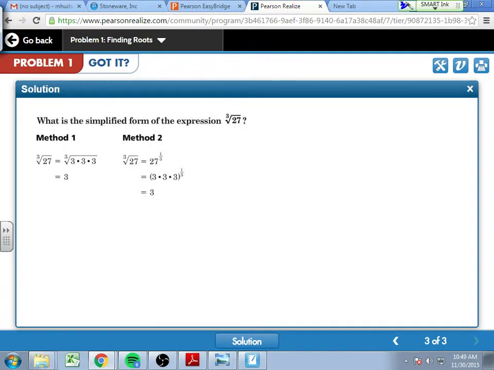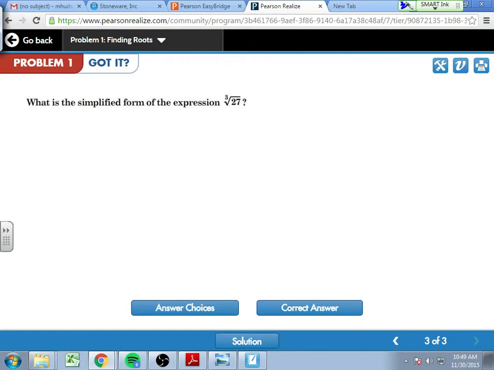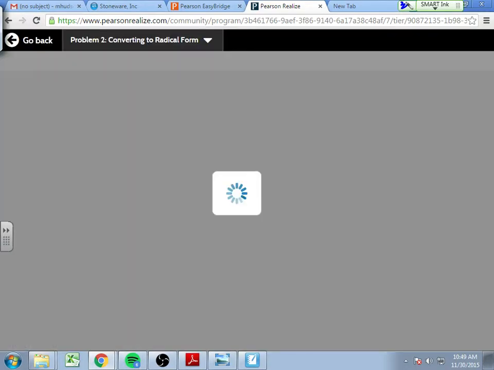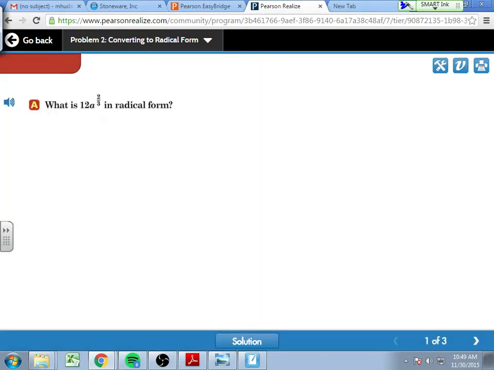So now we step it up. Converting to radical form from a rational exponential form. So 12 times a to the 2/3. Now this gets tricky because what actually has the power and what isn't affected by it?